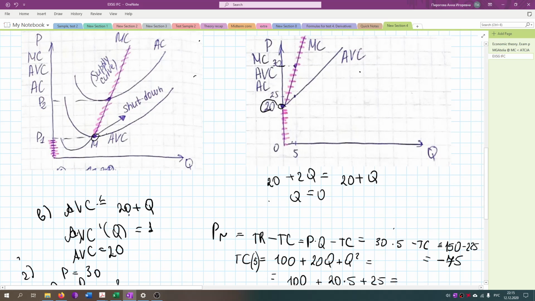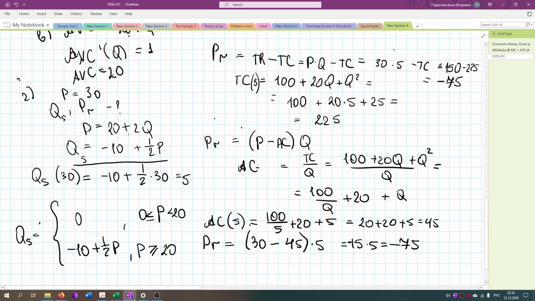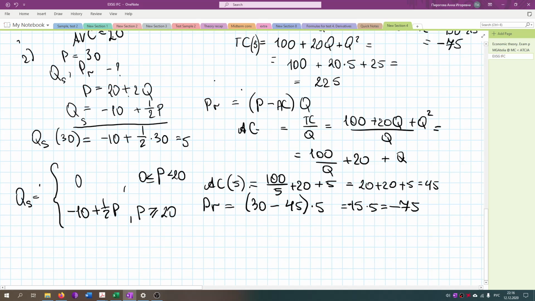So actually you can see it from the graph that where the price is from 0 to 20, we don't produce anything, and when it is more than 20, we produce some amount of units. And speaking about the signs, for this particular case, it's not very important.